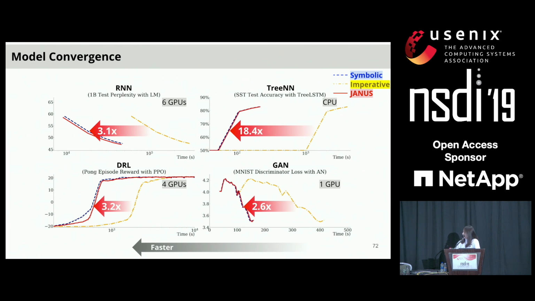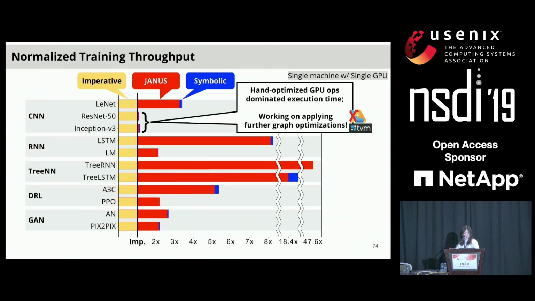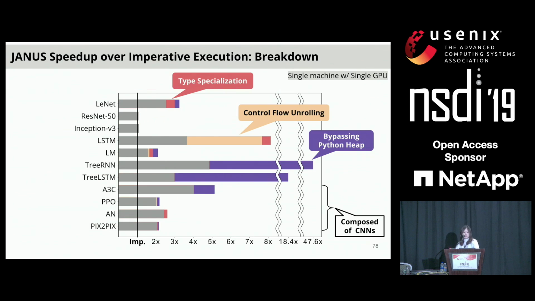Okay, and one last short one. In general, for RNN and TreeNN, the amount of improvement seems much larger. Do they have any specific characteristic that makes it easier to get a lot of improvement over the imperative style? Yes, as I said before, the GAN and DRL models often use CNNs as components, so they have similar characteristics.